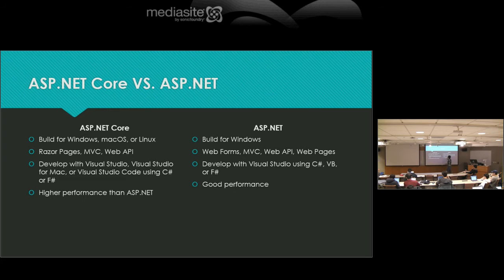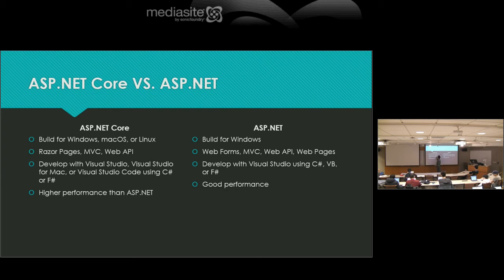Compared to the traditional ASP.NET, it's obviously cross-platform. In the original ASP.NET, you have a few ways of constructing your website using web forms, MVC, web pages, and all, and Core supports a subset of that.